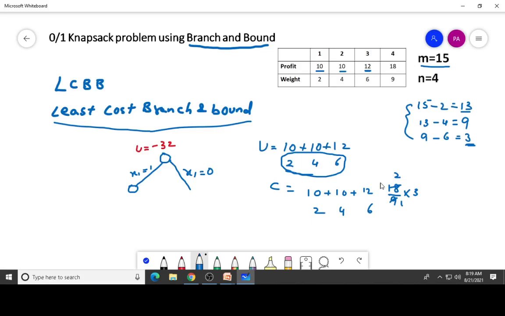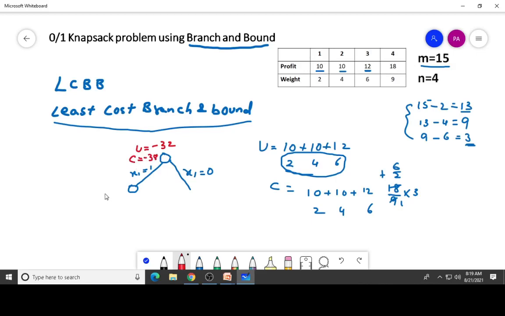So we are getting 6. So what is our cost now? Our cost is 10 plus 10 is 20, 20 plus 12 is 32, 32 plus 6 is 38. C is equal to minus 38.